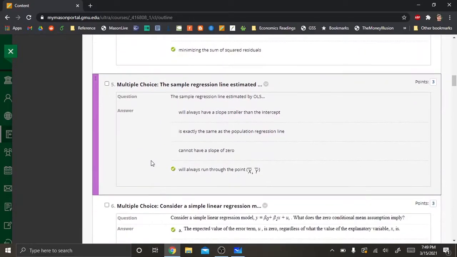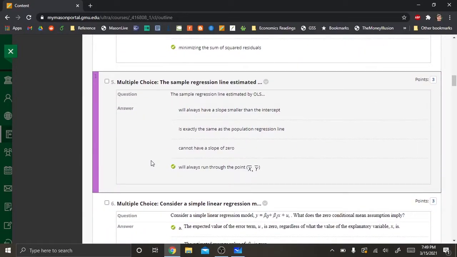All right, next one. The sample regression line. Go through answer choices. 1 will always have a slope smaller than the intercept. No, there's no reason why the intercept will always be bigger than the slope. 2 is always the same as the population regression line. No, remember the expected value in our proof for unbiasedness.